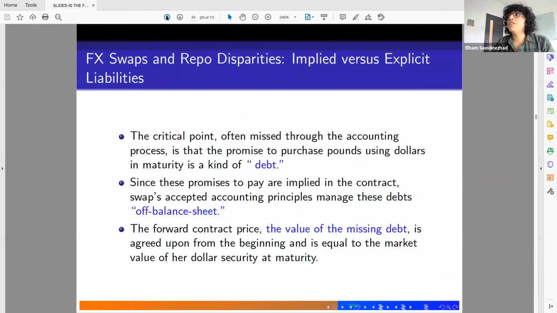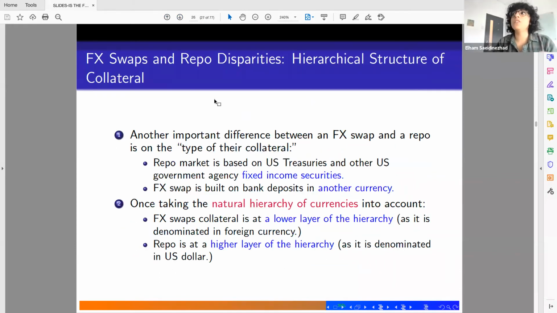The other important difference between the swaps and the repo is that the collaterals used in these two instruments belong to different layers of the currency hierarchy. Let's talk about the repo market.